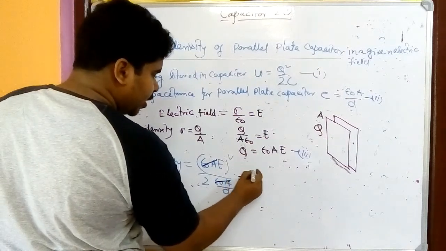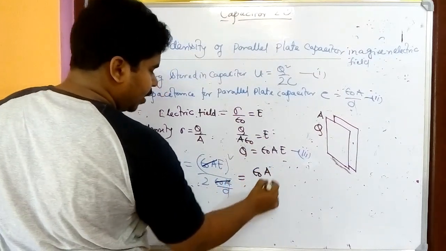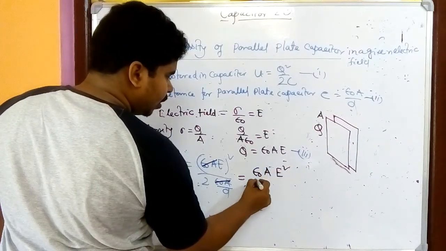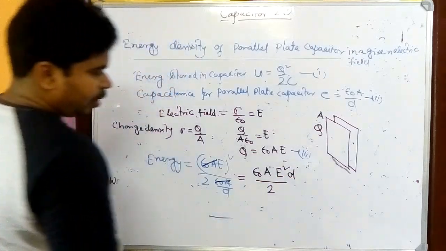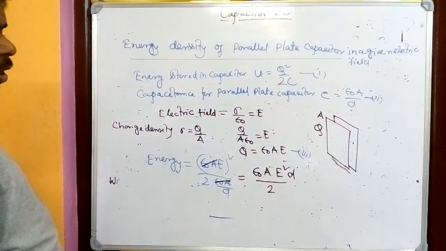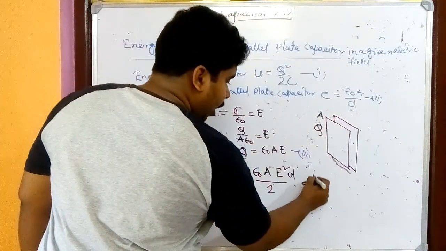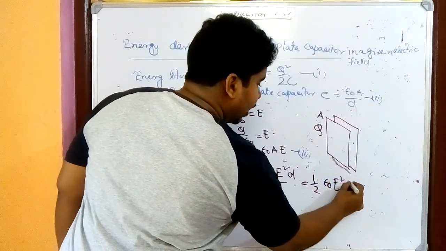So at top it is epsilon naught A into E square into D by 2. Epsilon naught A E square into D by 2, or you can write half of epsilon naught E square into A D.